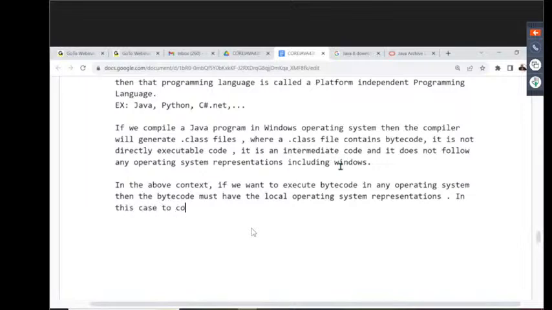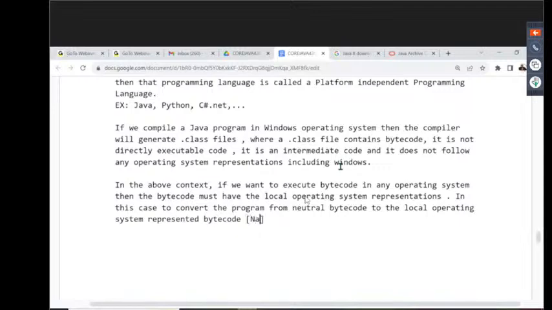In this case, converting the program from neutral bytecode to the local operating system represented bytecode is called what? Native code. In this case, converting the program from neutral bytecode to local operating system represented bytecode is native code.